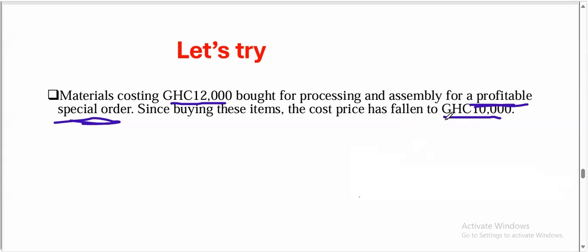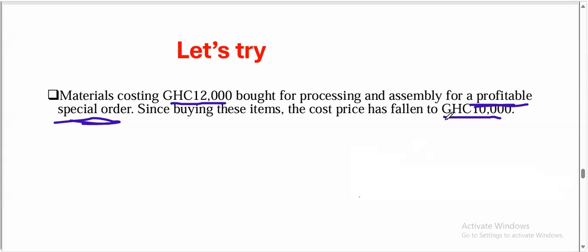So in a nutshell, we are valuing inventories and the raw material. The key thing you should know is that here it says the order is profitable. Even though the price has fallen, the special order is profitable. So since it's profitable, you don't write the inventory down below the 12,000, below the cost.